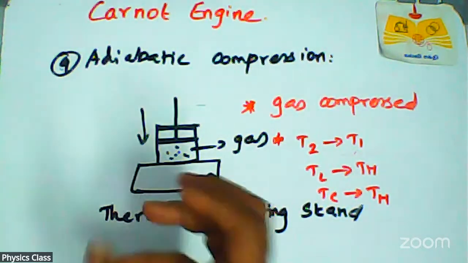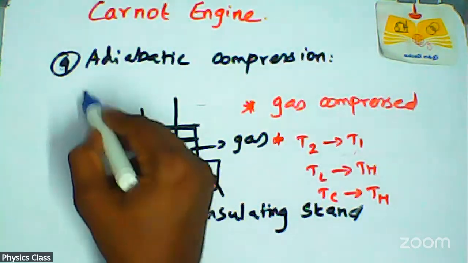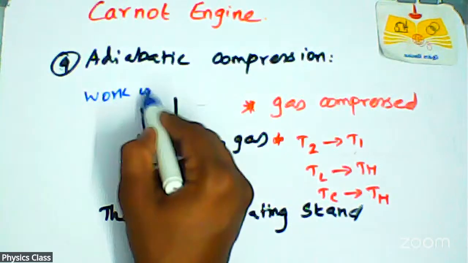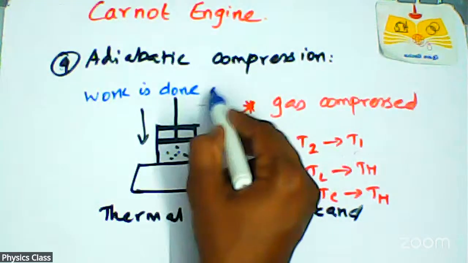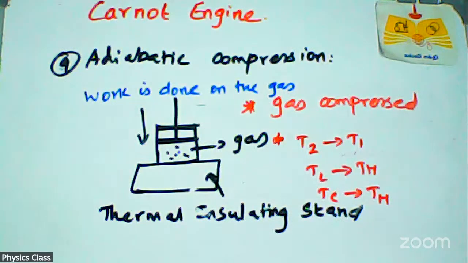Again, work is done on the gas. Work is done on the gas means its internal energy increases. Suppose work is done by the gas, then its internal energy decreases.